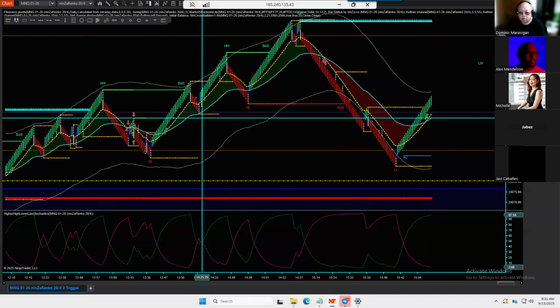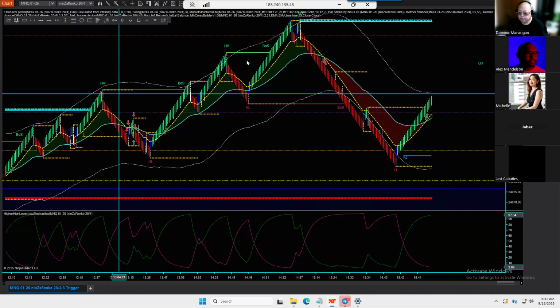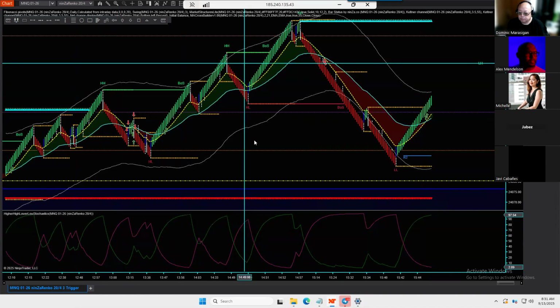Let me see here. I can make maybe this one a lot thicker. Hold on. The mid band, so at least you can see the mid band. It's off again?